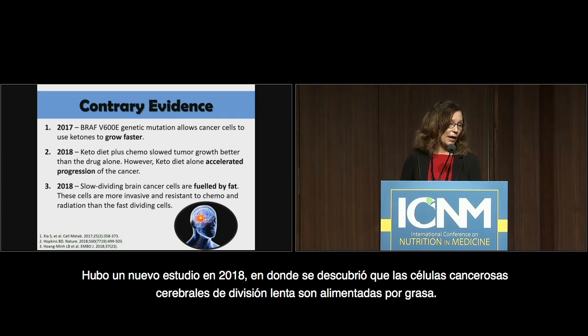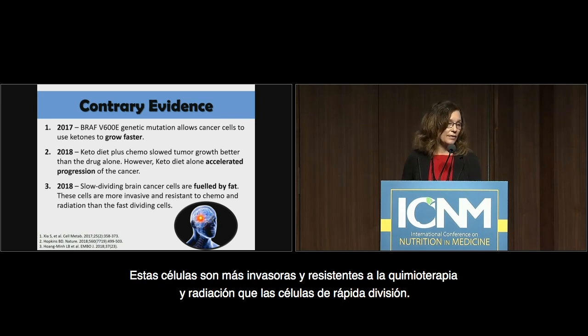And there was a brand new study, 2018, that found slow dividing brain cancer cells actually are fueled by fat.